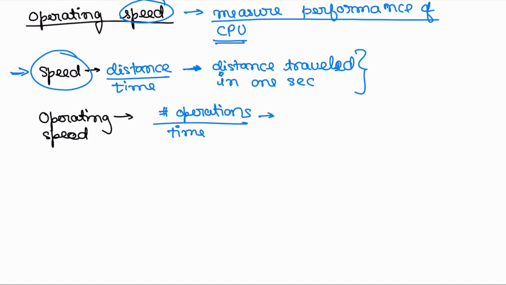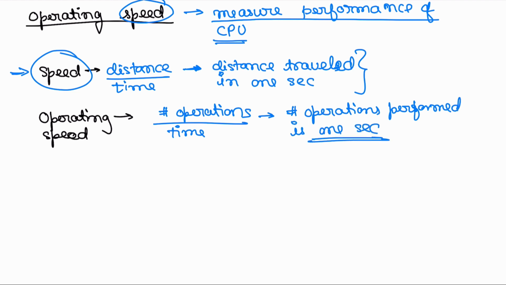It specifies the number of operations performed in 1 second. That is called operating speed. Again, speed and operating speed are kind of similar, yet very, very different. I'm just giving you a reference of how we can calculate operating speed.